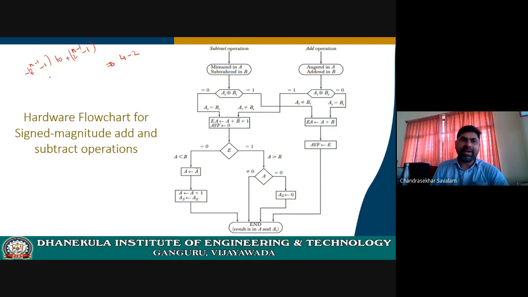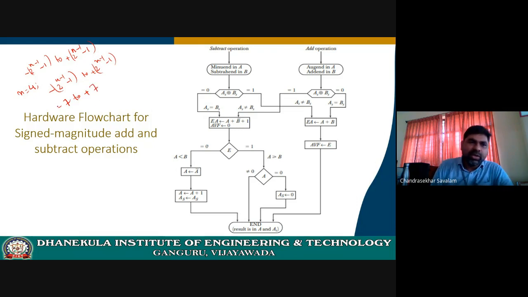This is the range of numbers which can be represented in 2's complement. Understand? Suppose I am taking n equal to 4, students, what is the least number? Minus 2 power 4 minus 1, minus 1, that means minus 2 power 3, minus 1. So minus 7 to plus 7.